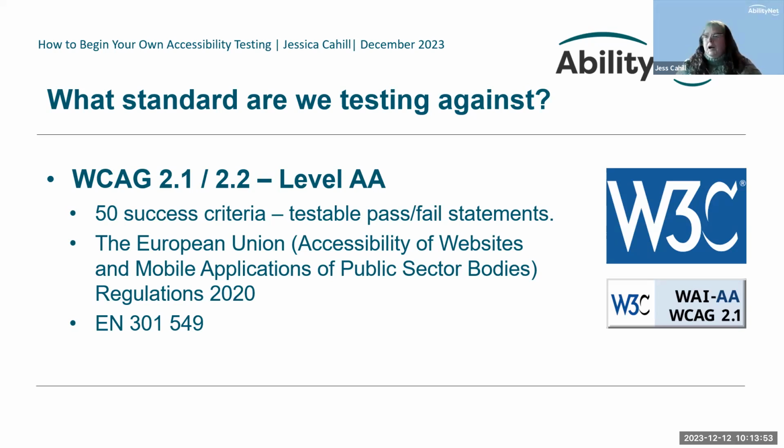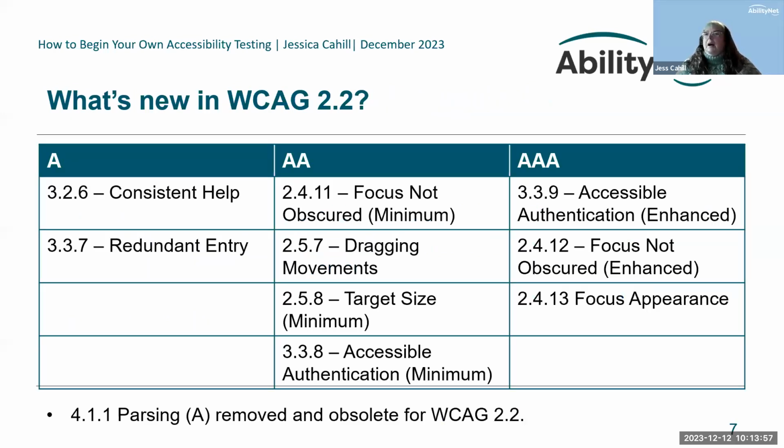So I won't get into huge detail about what's new in 2.2. So we've just gone up to this in the last month or two. And it's got a few extra success criteria. It's relatively minimal. It's not some kind of radical overhaul. If you meet version 2.2, you will also be meeting version 2.1.